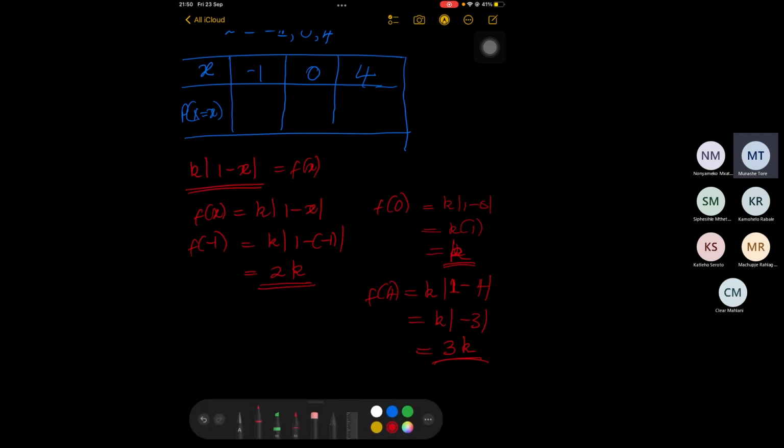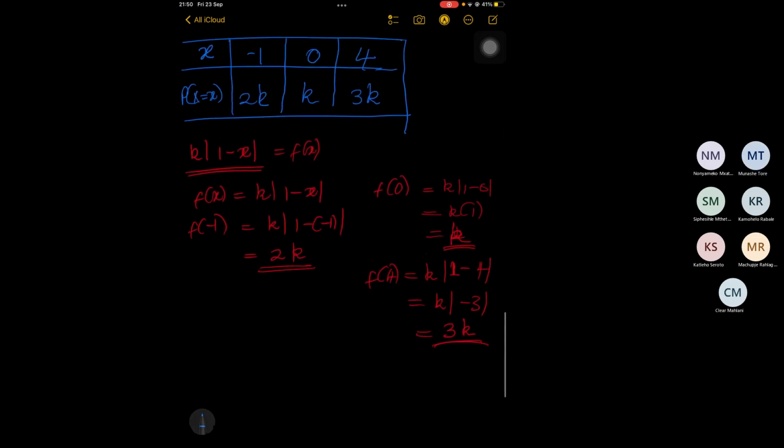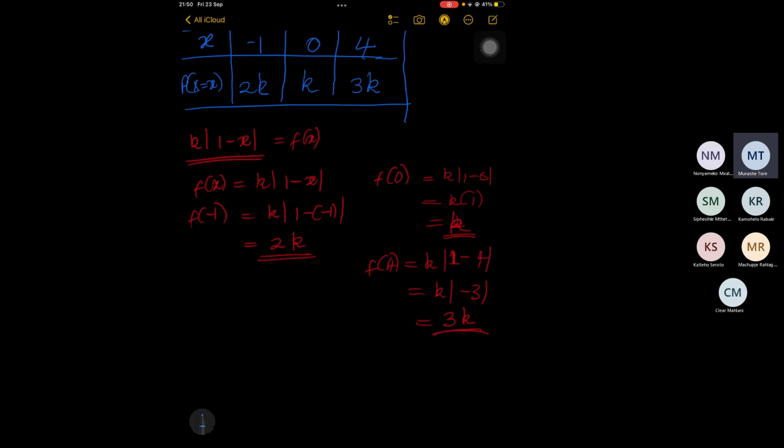Now we come back and fill in this table. When x is equal to negative 1, the probability is 2k. For when x is equal to 0, the probability is k. For when x is equal to 4, the probability is 3k. So knowing this, we are done.